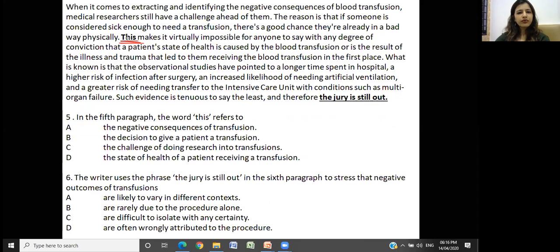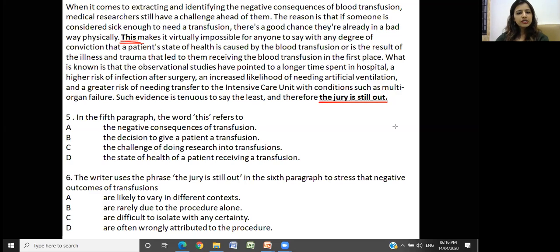And then you will have to find out why it is used there or what it is referring to. And you can have a vocabulary question. Vocabulary question means you can have a word or a phrase or an idiom used there, and you have to find out the contextual meaning of that word, phrase, or idiom, which means you are not looking for the dictionary meaning of it, you're looking for the contextual meaning of that particular word.